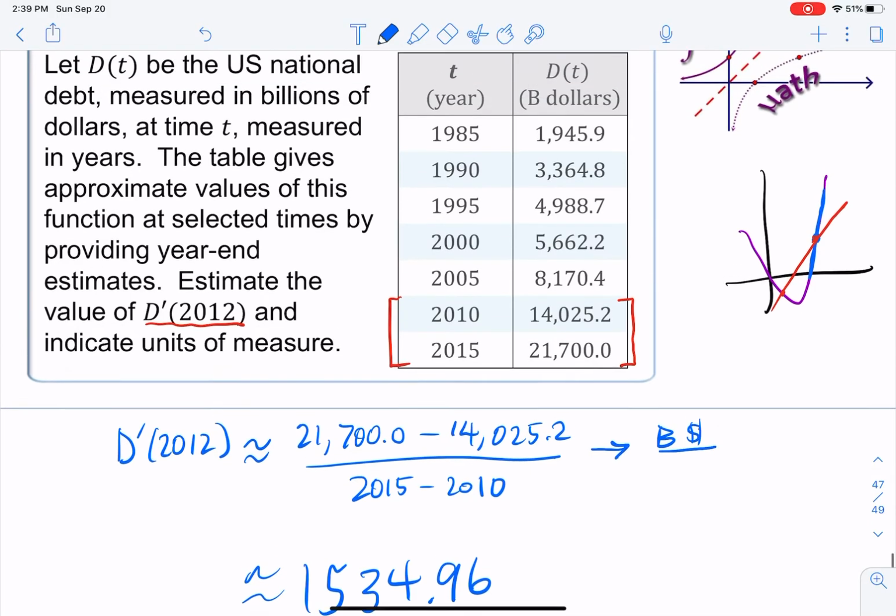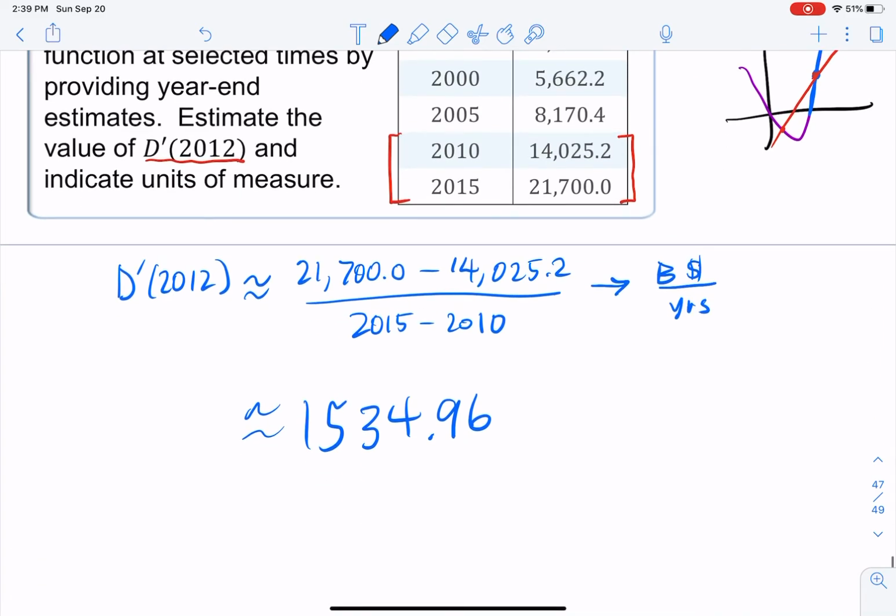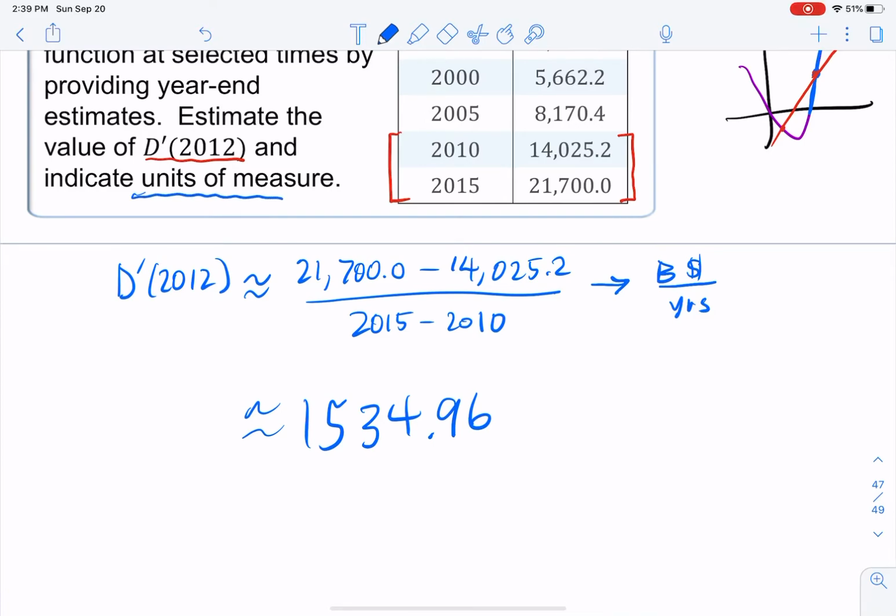And on the bottom, these were years. So the indicated units of measure should be billions of dollars per year. And it's supposed to be at that particular year, at that particular instant. And it's just an estimate of it.